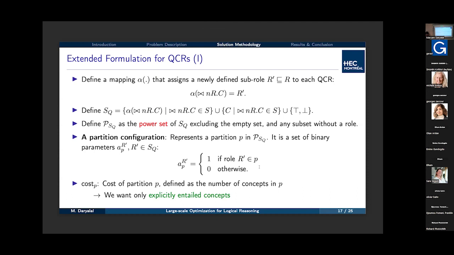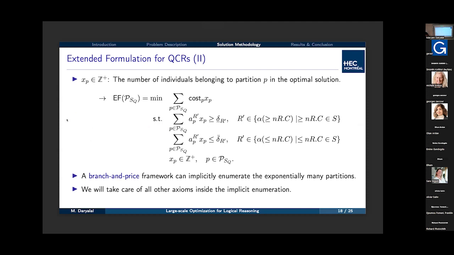I'm also defining a cost for every one of these partitions. I'm defining this cost as the number of concepts that exist in this partition. Why? Because I want to find the minimal solution, so the explicitly entailed concepts. If I do that, the extended formulation can be written like this.